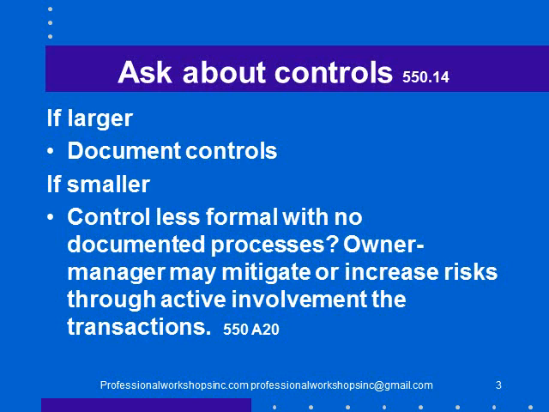No documented processes, that's very likely. However, the owner-manager involvement through active involvement may mitigate risks or increase risks. So we have to decide which of those two circumstances it is. And if owner-manager's active involvement reduces the risk of material misstatement with respect to related parties, then that's good. And that's a suggestion in 550-820.